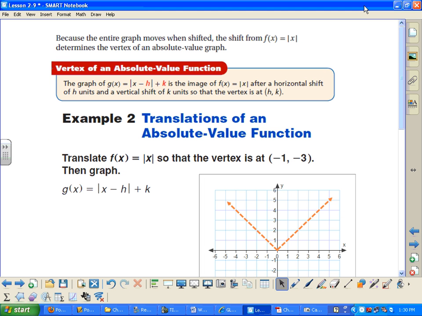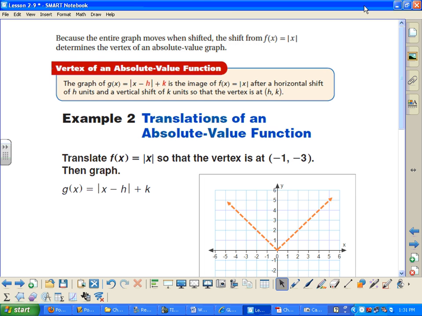The vertex for just the absolute value of x is 0, the origin. But when we move the vertex, we put the horizontal and vertical translations together, so we have the absolute value of x minus h plus k.